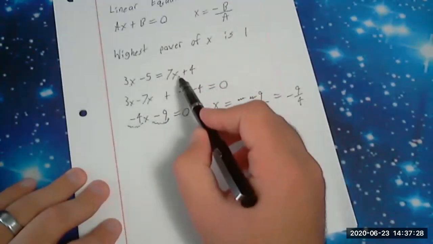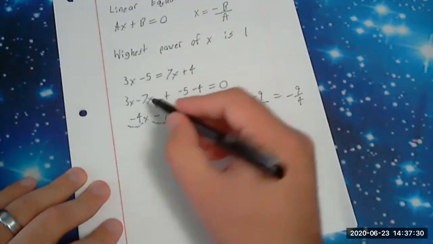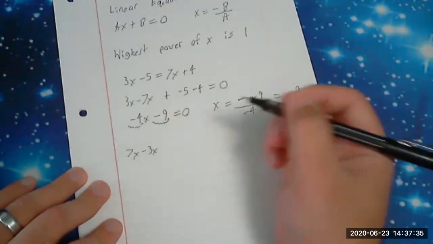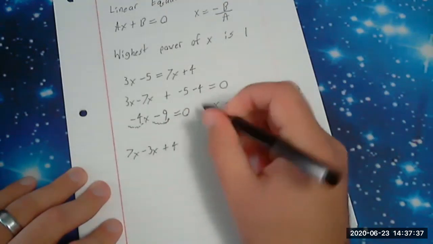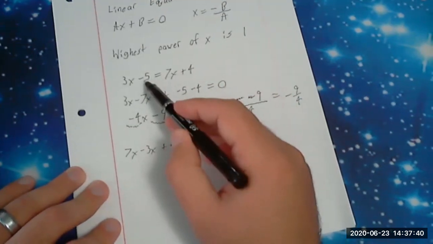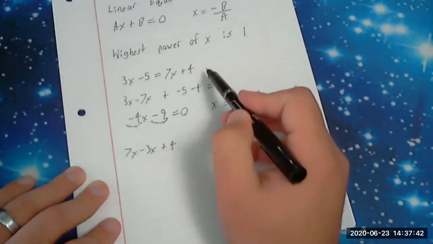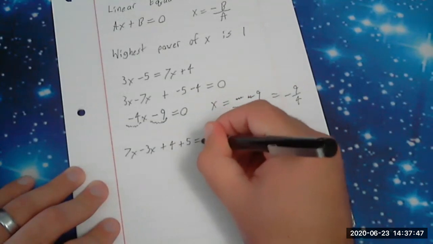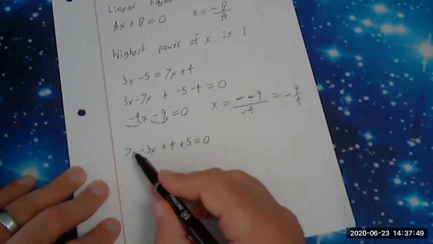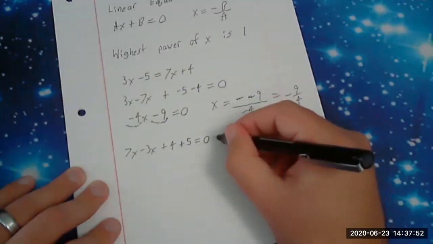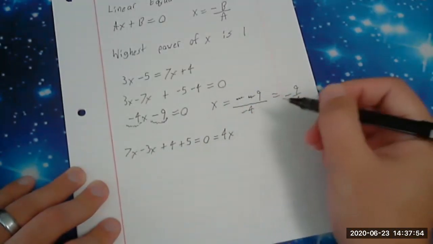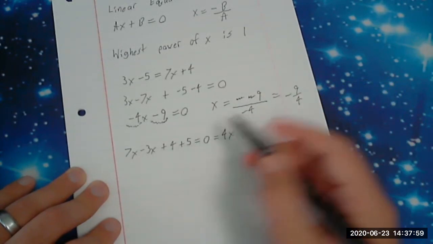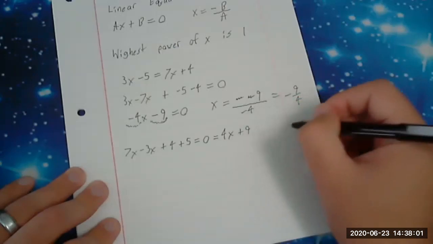So if we pull everything over to this side, it becomes 7x minus 3x, and then plus 4, and this is a negative 5, so when we pull it over, it becomes plus 5. 7x minus 3x equals 4x, and 4 plus 5 equals plus 9.